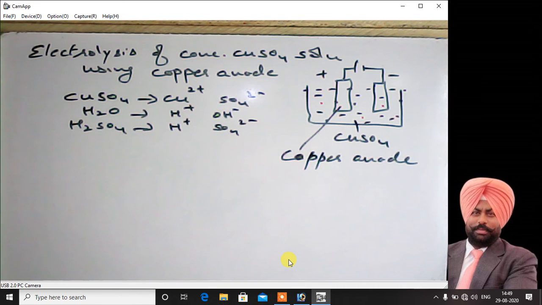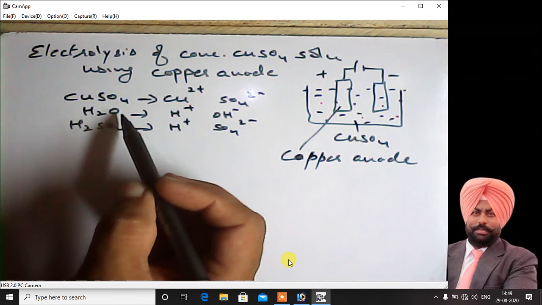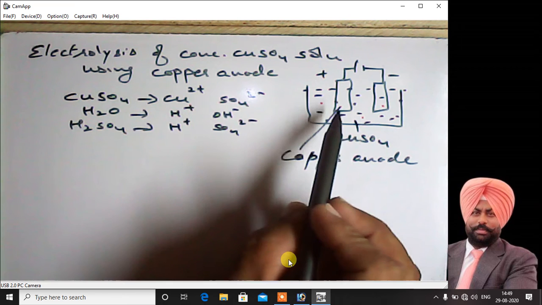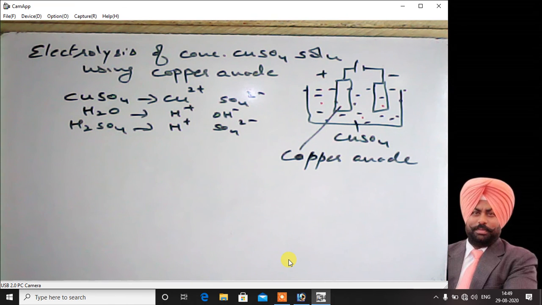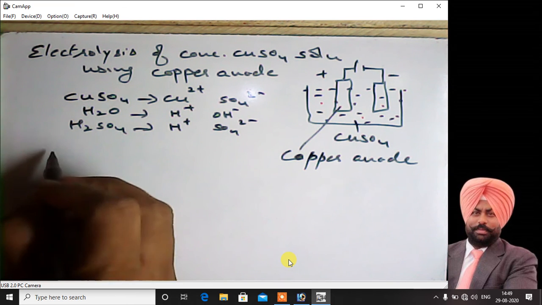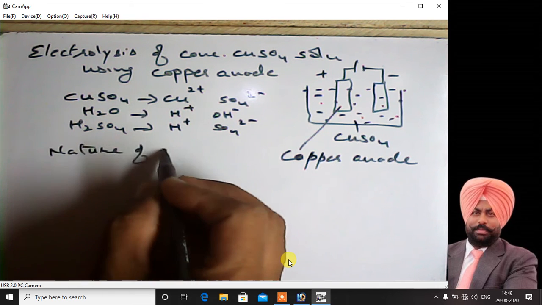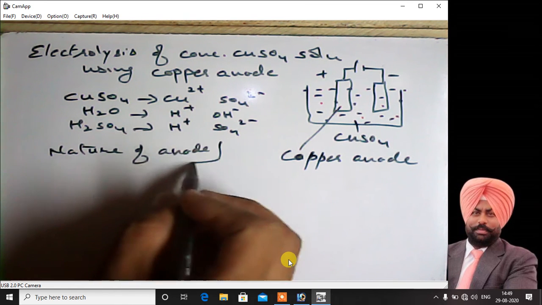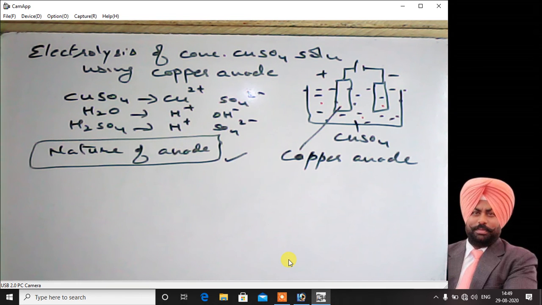Here we have to see that the solution is of copper sulfate, water and sulfuric acid, but the anode is matching with the copper ion of electrolyte. This means here nature of anode will be used, and the process will be somewhat different from the previous process.